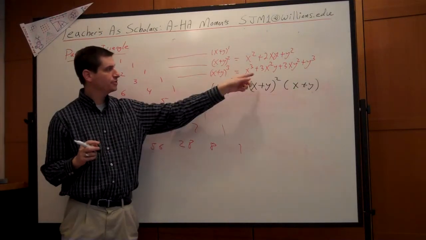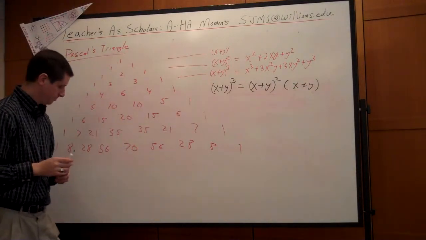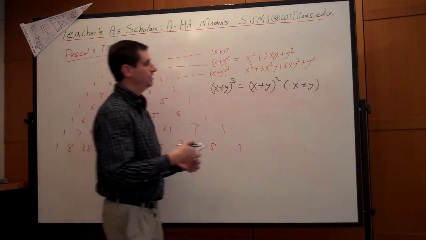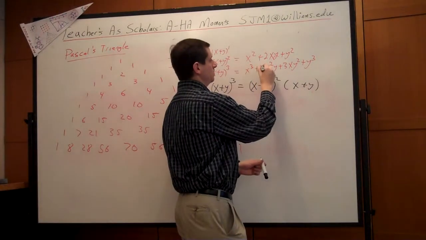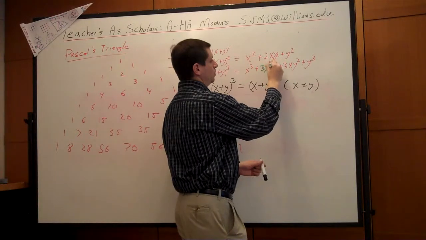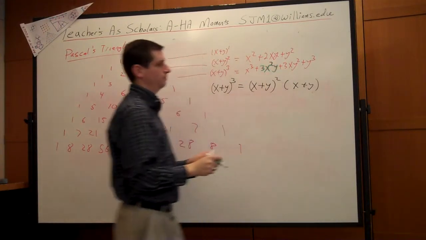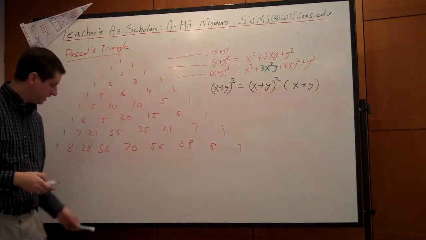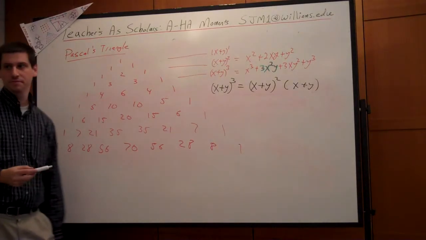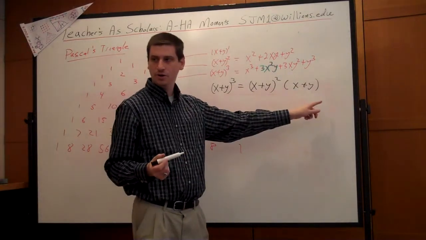Let's choose a coefficient of x plus y cubed. Maybe we're interested in the 3x squared y term. Well, how can I get an x squared y term? I'm multiplying these over here.